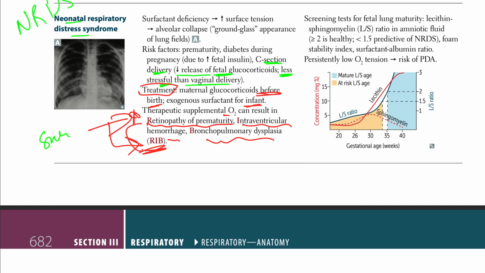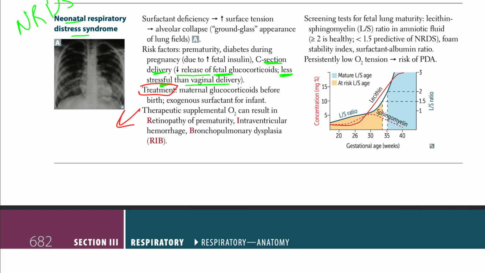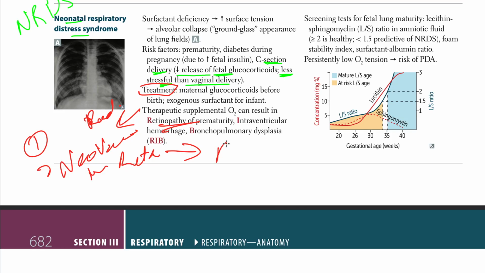Retinopathy. The question is how and why. Because this O2 is going to form free radicals. Free radical formation, that's one thing. Second thing, this O2 is going to start forming neovascularization in the retina, and that's going to cause retinal detachment, and that is going to cause blindness.